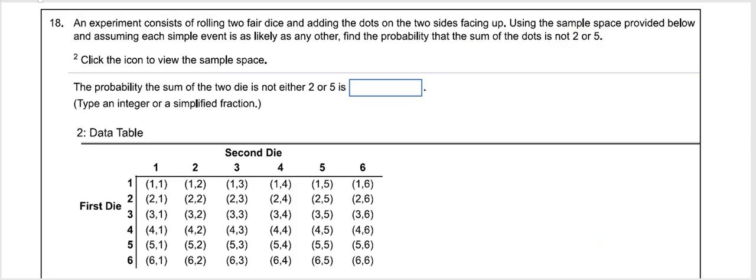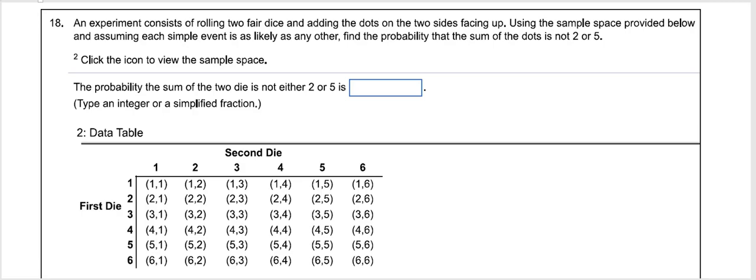Number 18. An experiment consists of rolling 2 fair dice and adding the dots on the 2 sides facing up. Use the sample space provided below, and assuming each simple event is as likely as the other, find the probability that the sum of the dots is not 2 or 5. So can't be 2, can't be 5.